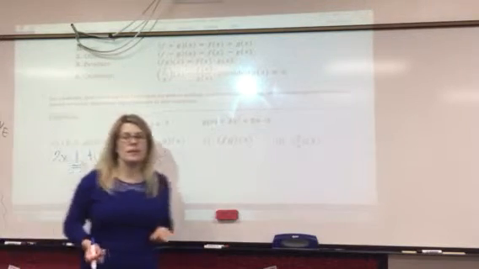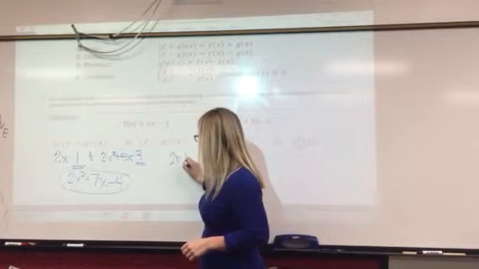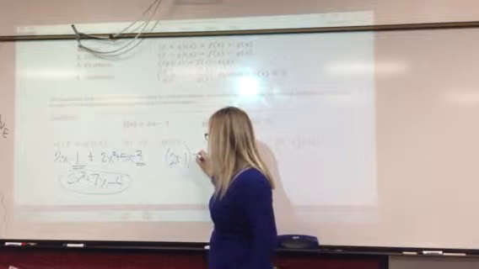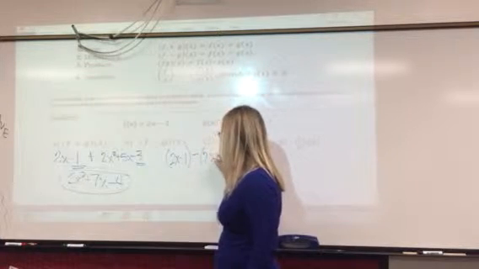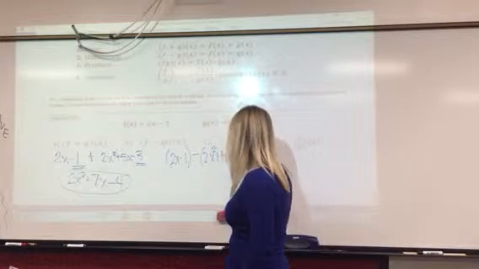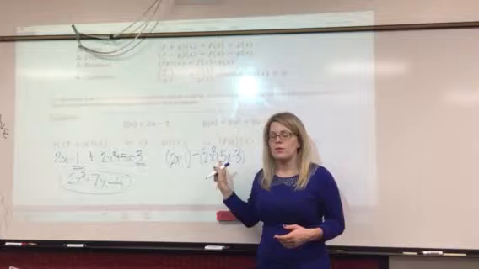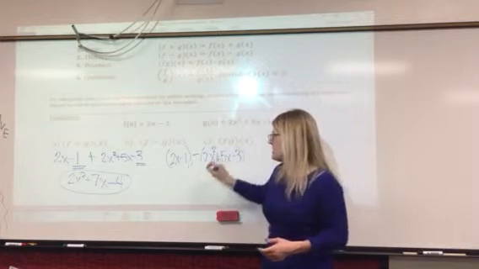Moving on, you can do the same thing with subtracting these. 2x minus 1 minus 2x squared plus 5x minus 3. In this case, I'm going to have to distribute the negative sign to the terms behind it.